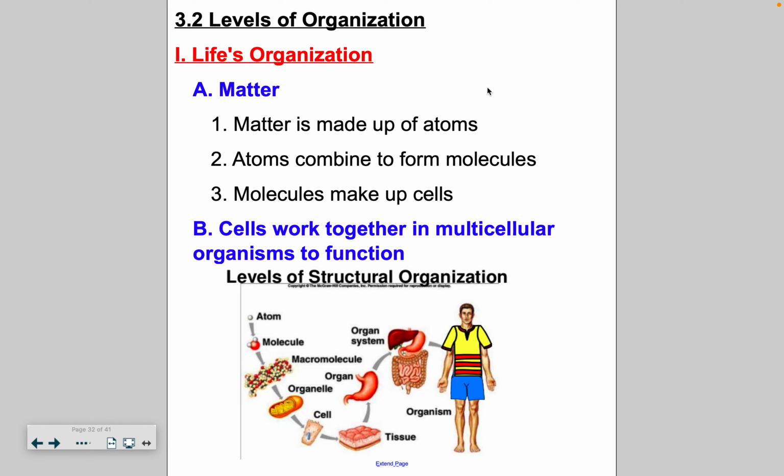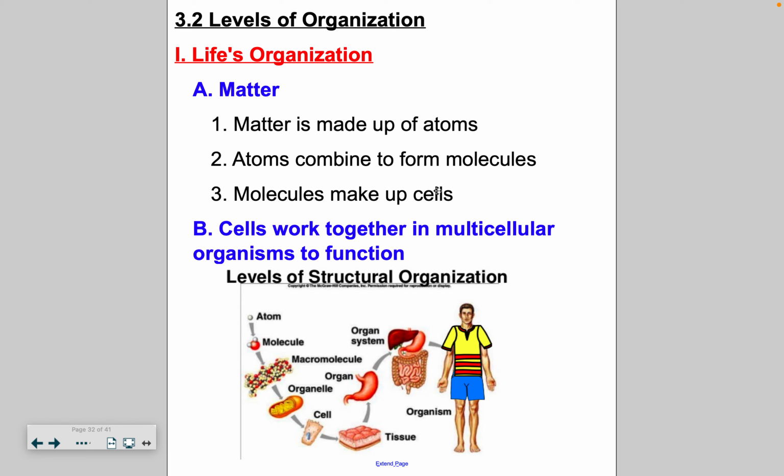And so these atoms can combine in various ways to form molecules, and we talked about macromolecules way back in Chapter 2: carbs, lipids, proteins, nucleic acids. And when you take those macromolecules, or just molecules, they eventually make up cells, and that's the building block of life, right? That statement from the cell theory: cells are the basic unit of life.